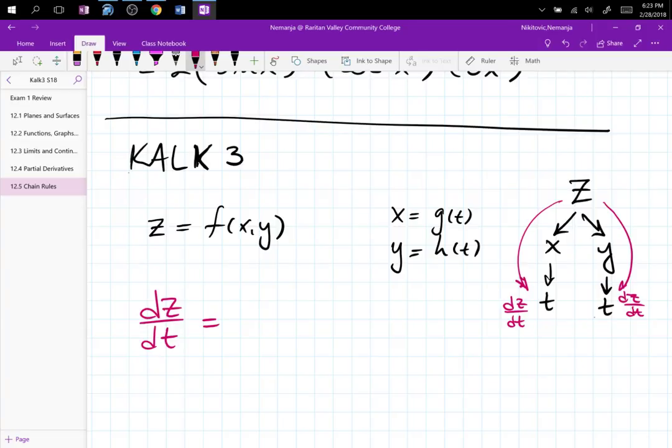Now, when you run into the split, that's Calc 3 derivative. So, partial z, partial x, because there is a split, times dx/dt, that is Calc 1 derivative. It's straight through. There is no split. x depends only on t.